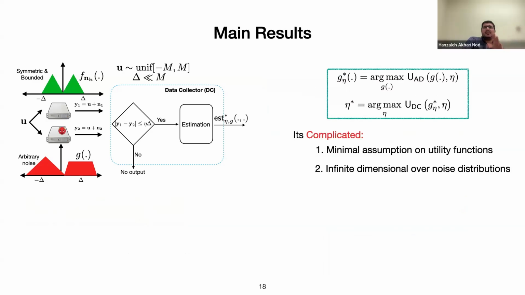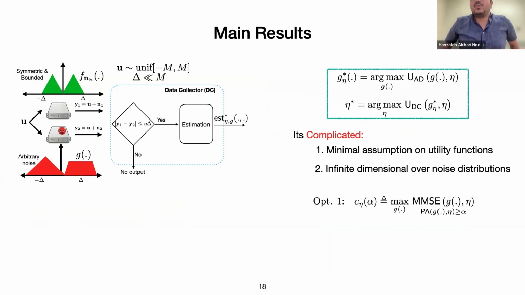So, believe it or not, it's a complicated problem. It takes me a lot of time to try to find these values, okay? The way that we try to solve this problem is that, first of all, we introduce an alternative optimization problem called optimization 1. In this problem, for each value of alpha, which is from 0 to 1, we try to find the maximum MMSE for each value of eta.